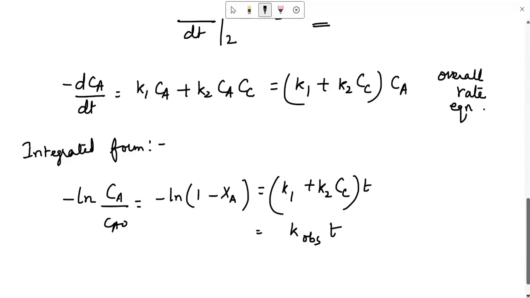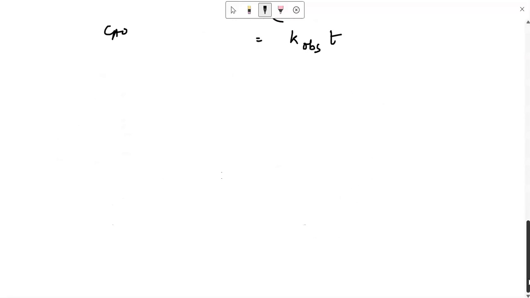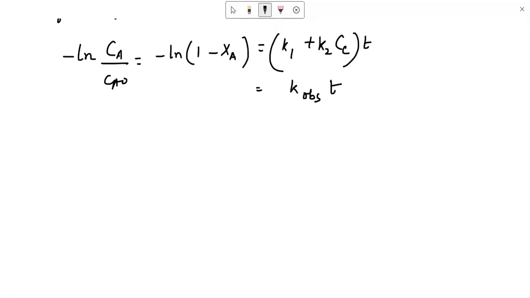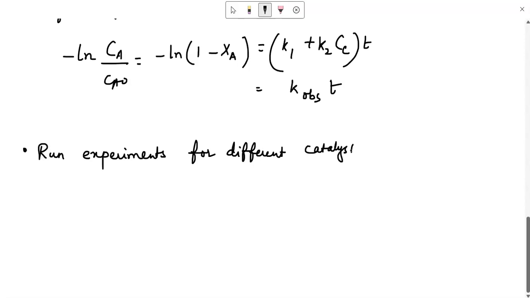Now let's talk about the experimental perspective of this kind of reaction. When studying the experimental data, you want to run experiments for different catalyst concentration values so that we can determine K1 and K2. Only then can you get the rates for both the catalyzed and uncatalyzed reactions correctly.